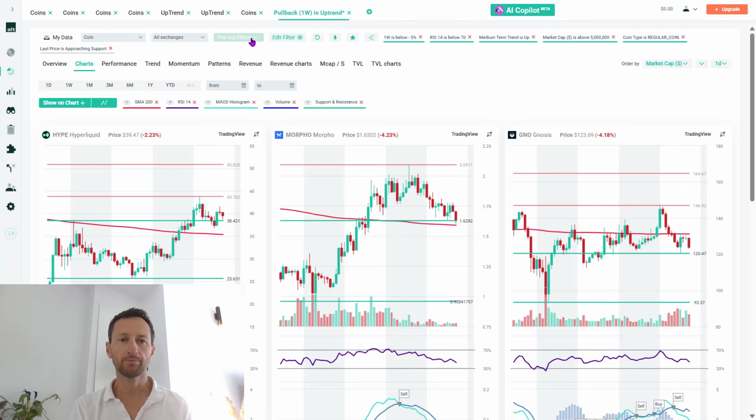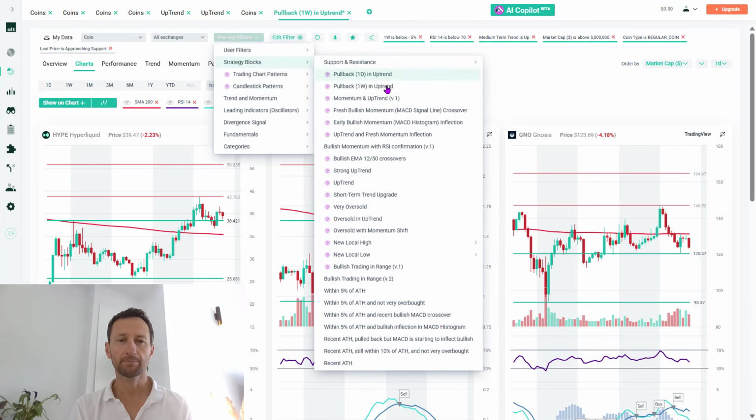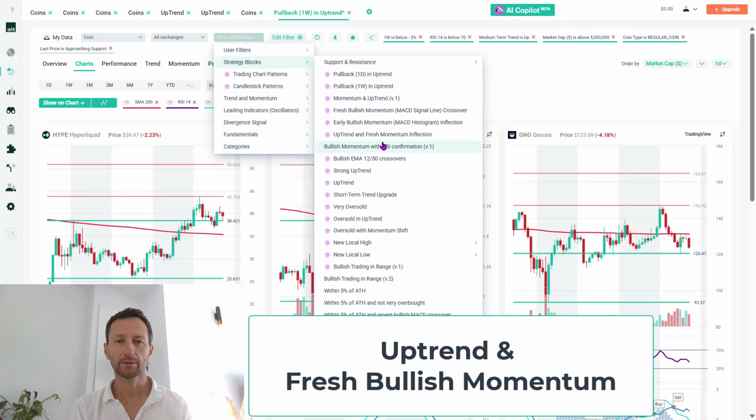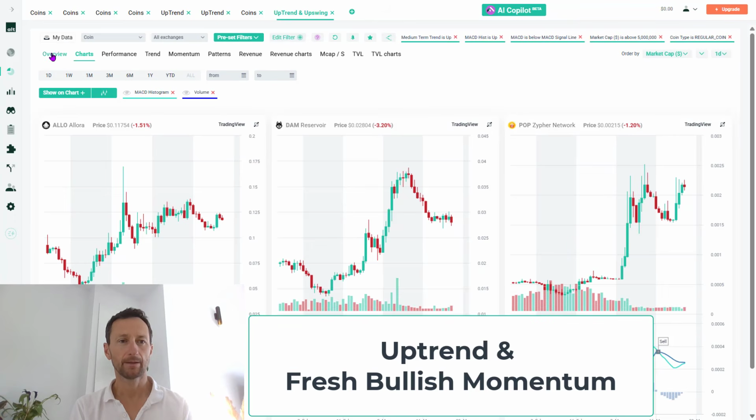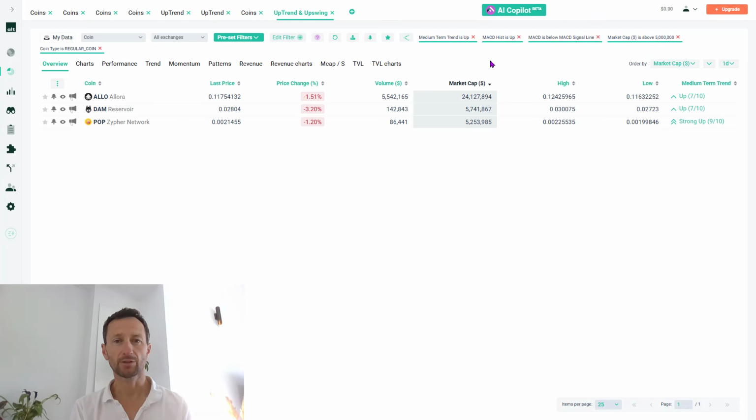We could also use another market scan that is similar. It's called Uptrend and Fresh Momentum Inflection. Okay, let's take a look. So in this case, there's only 3 assets that satisfy this criteria. So these are assets that are in an uptrend.